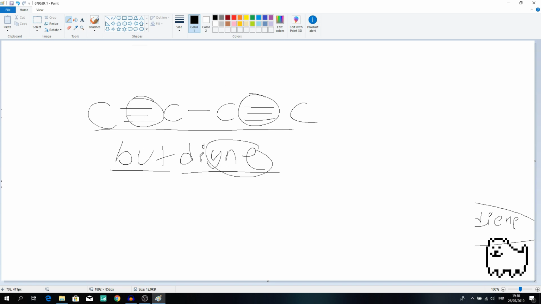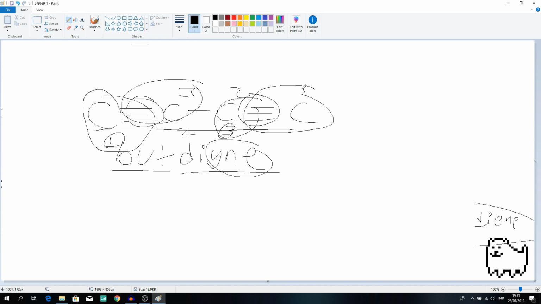Again, the naming principle is the same for alkynes. First carbon, second carbon, third carbon. First carbon, second carbon, third carbon. So left to right, right to left doesn't matter. We have this carbon here and this carbon here, 1 and 3. We have this carbon here, and we also involve this carbon here, 1 and 3.